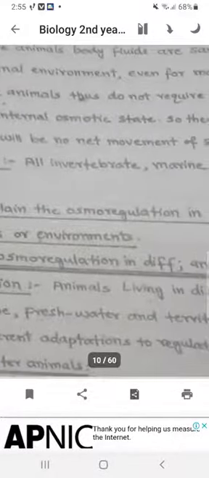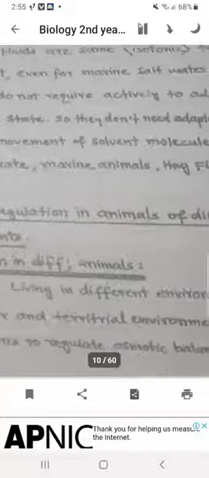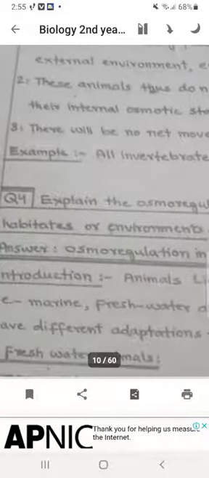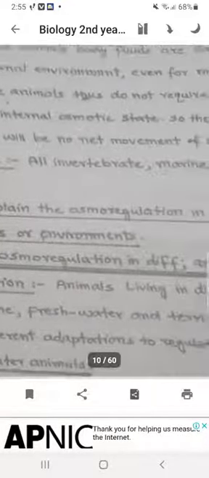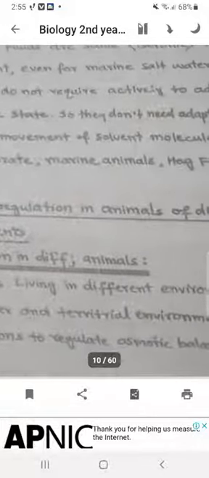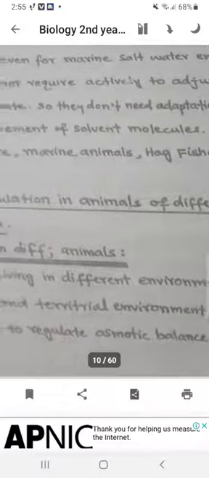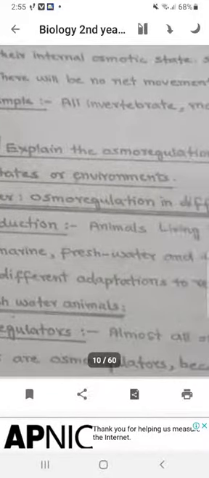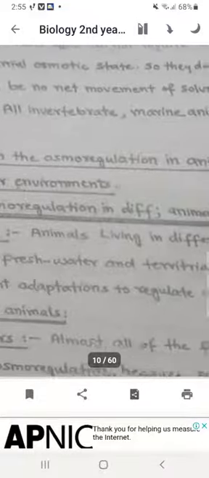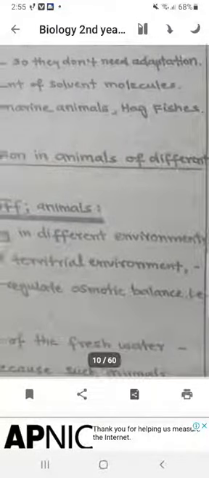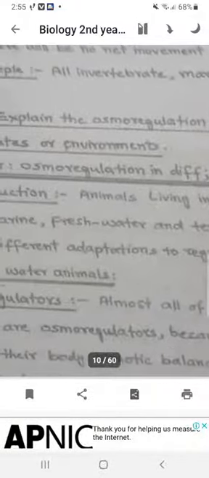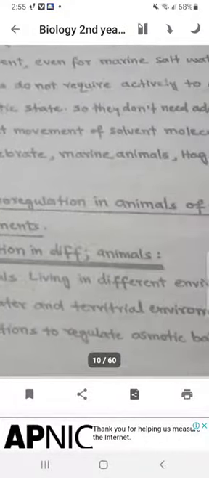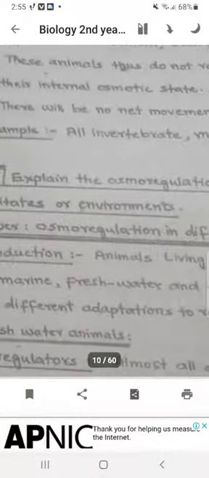These animals thus do not need to actively adjust their internal osmotic state, so they do not need adaptation. Number 3. There will be no net movement of solvent molecules.